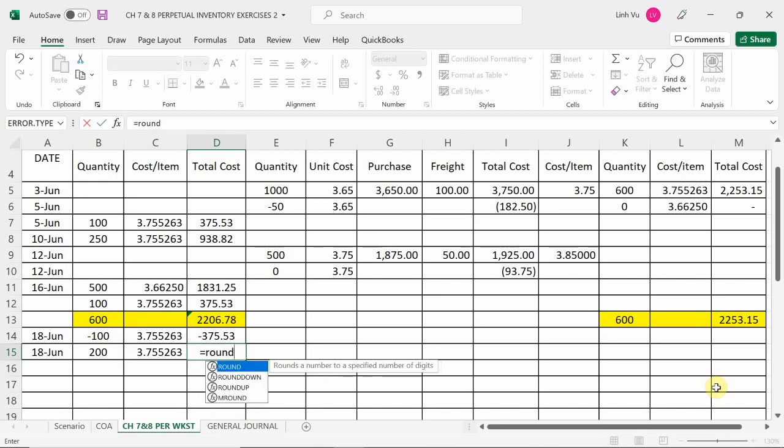So what's my total cost of goods sold here? $751.05.